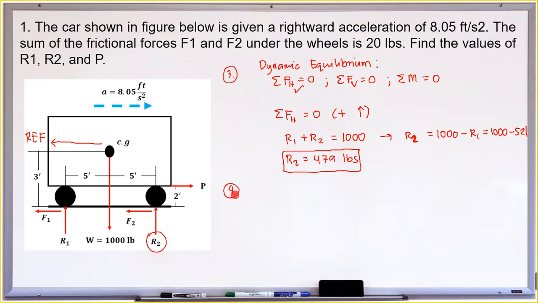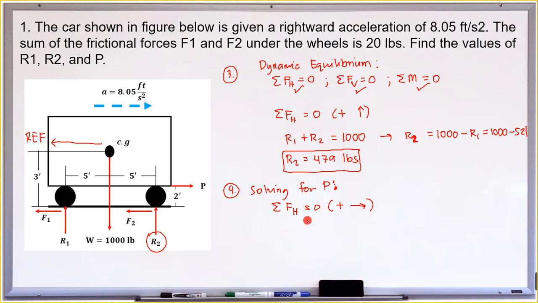Okay, next, solving for P. So we already have summation of forces along horizontal, and summation of moments. Then let's try this one, summation of forces vertical. So solving for P, summation of forces at the horizontal should be equal to 0, positive if towards the right.